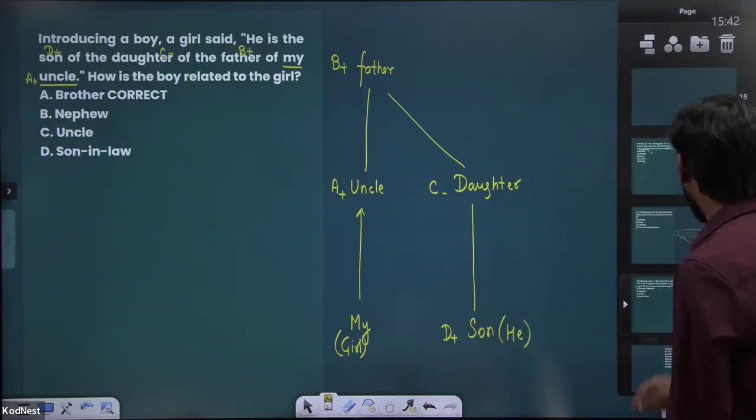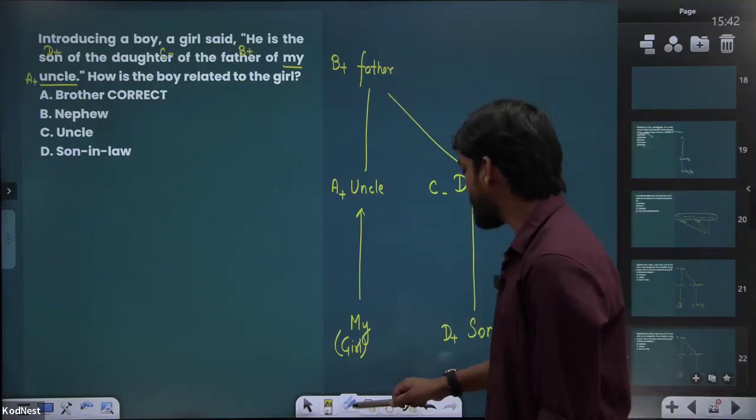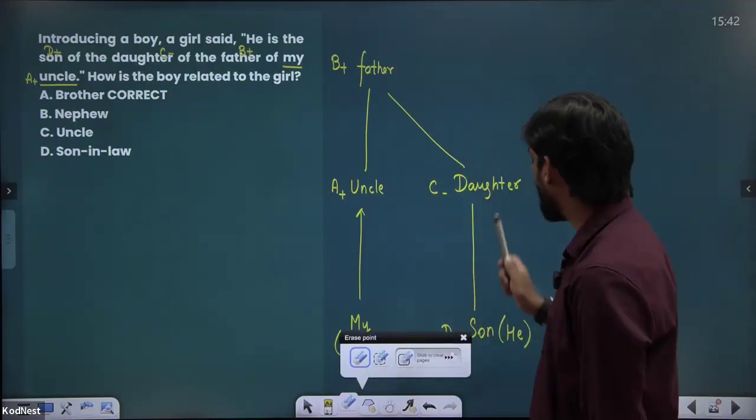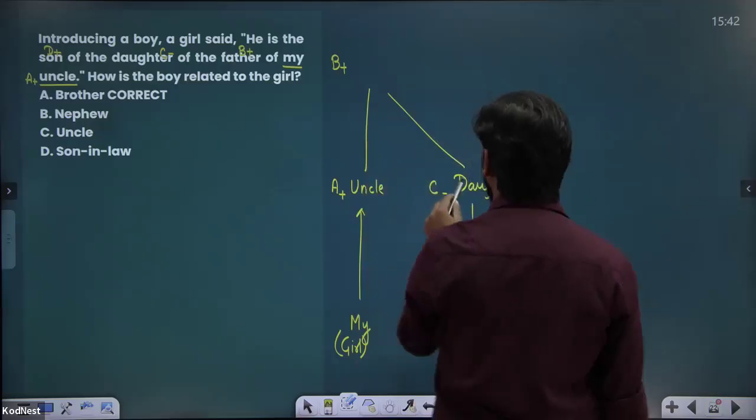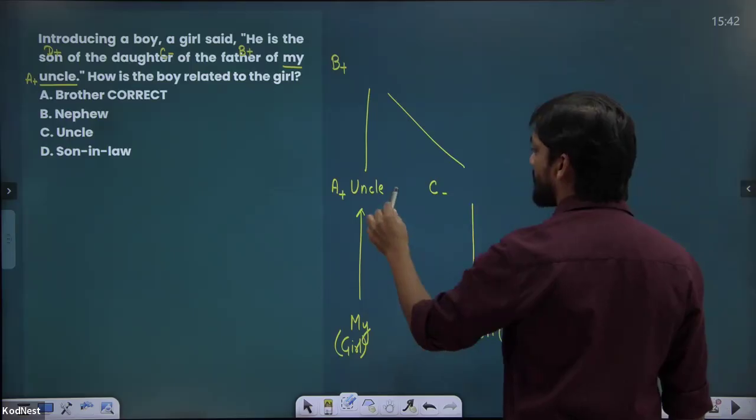What I'm saying is, I have written the words, that means uncle, father, daughter, and son from the statement, but you don't write it. Don't make a habit of this.